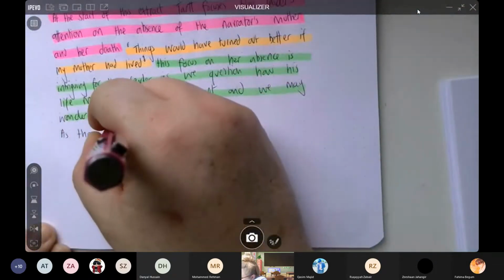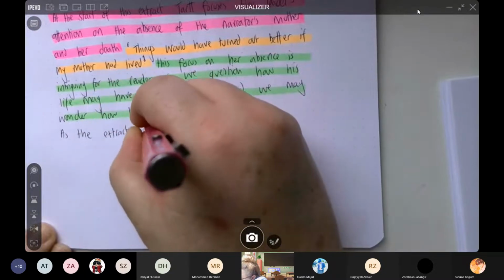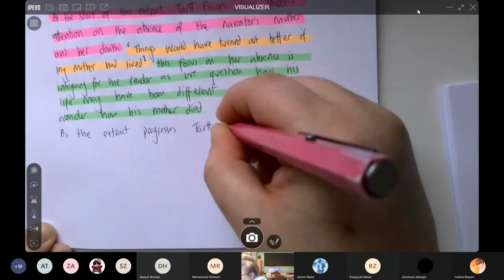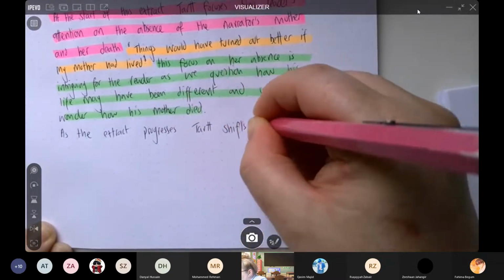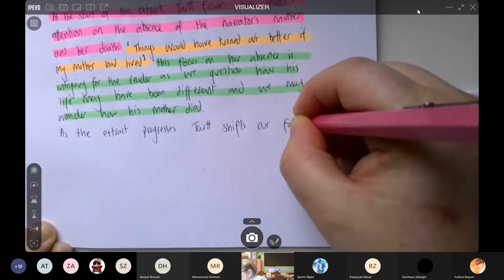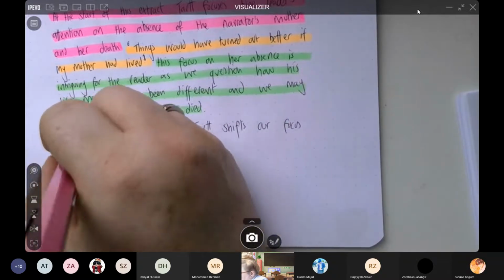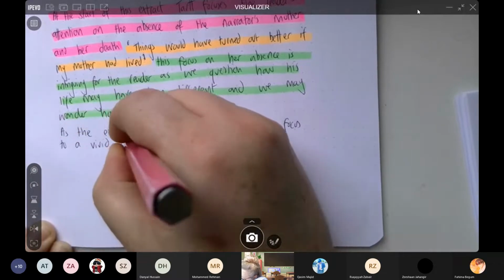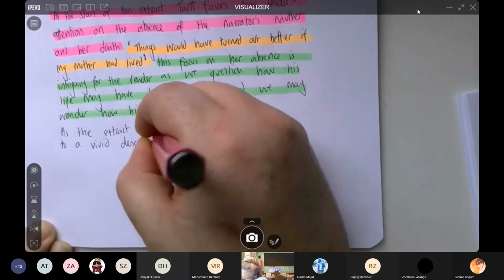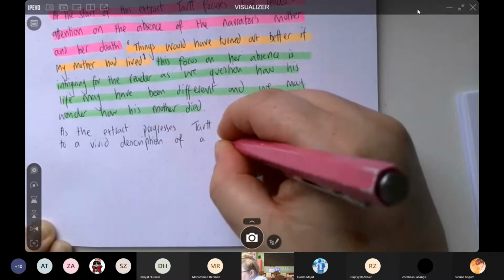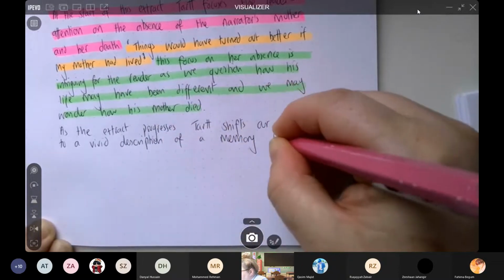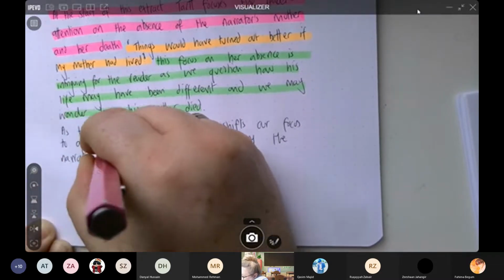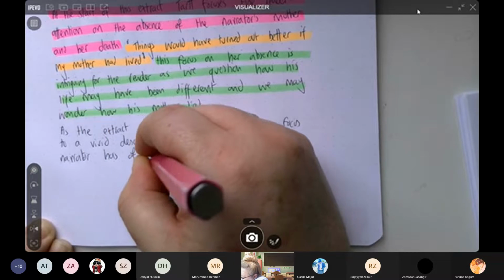So as the extract progresses, Tart shifts our focus to a vivid description of a memory the narrator has of his mother.